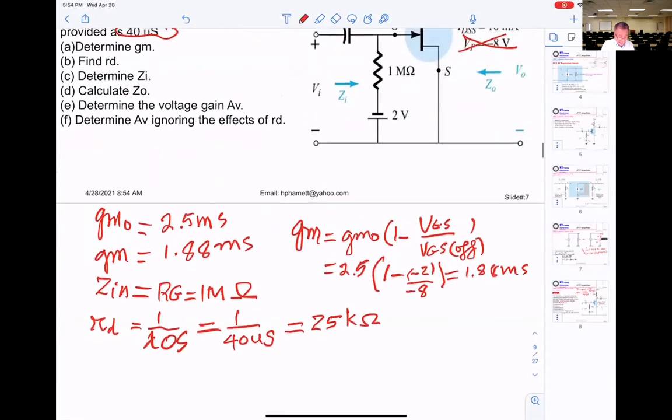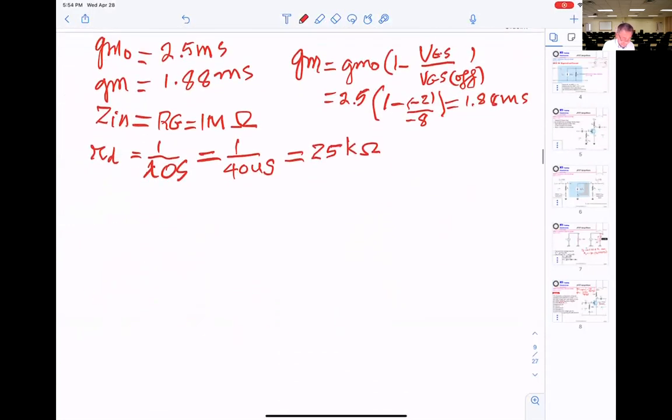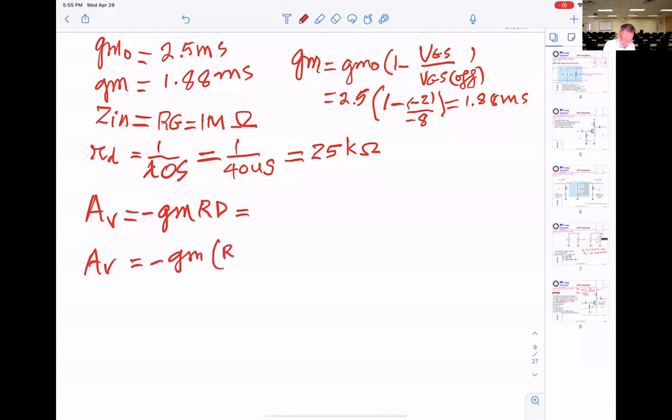Okay, then they want AV, which is minus GM times R big D, in parallel with R small d.